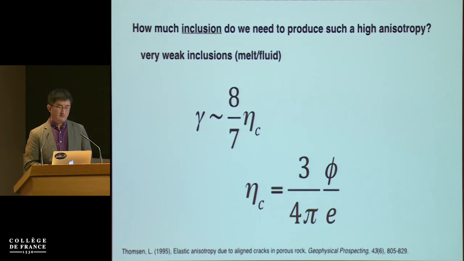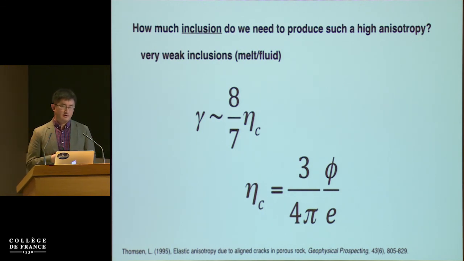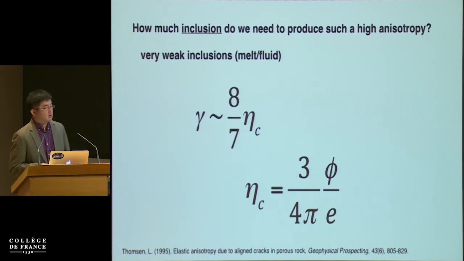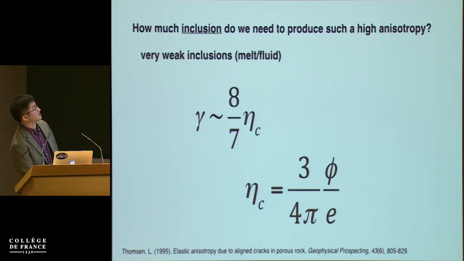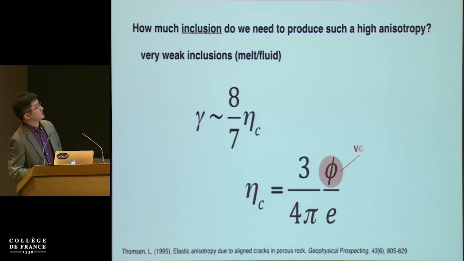It turns out if the inclusion is very weak, such as melt or fluid, there's a very simple formula to calculate the gamma, which is a shear anisotropy, is 8/7 times a crack density parameter. The crack density depends on volume fraction, which is a porosity, and the aspect ratio of the inclusion.